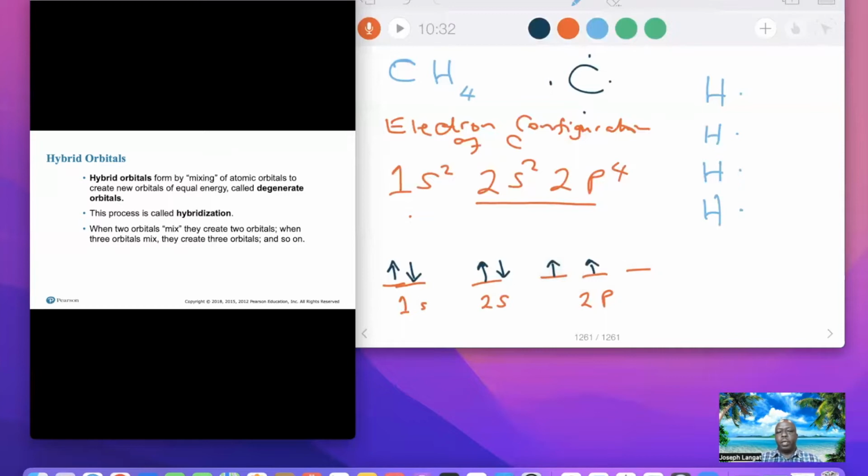So we have 2 unpaired electrons. The question is, how will the 4 hydrogens form chemical bonds with only 2 unpaired electrons?